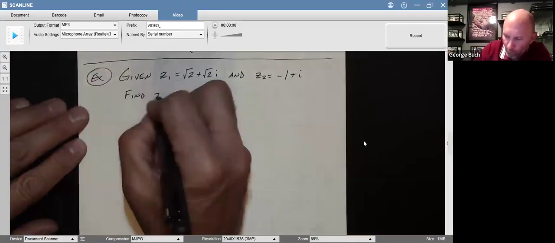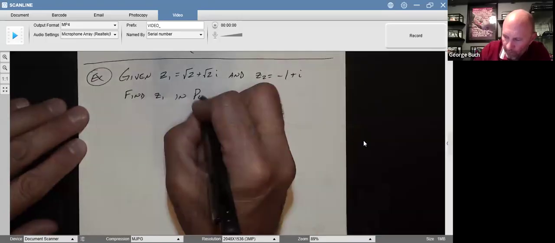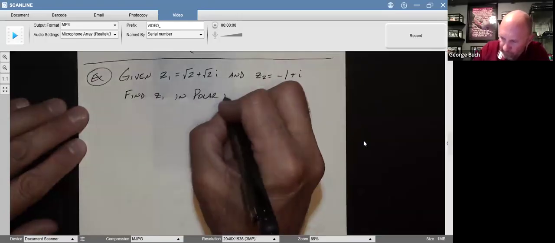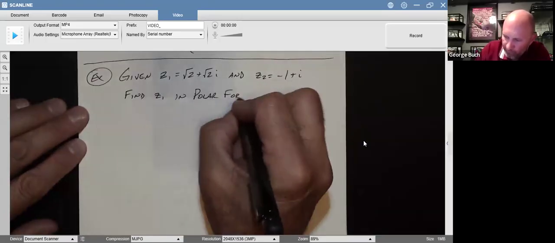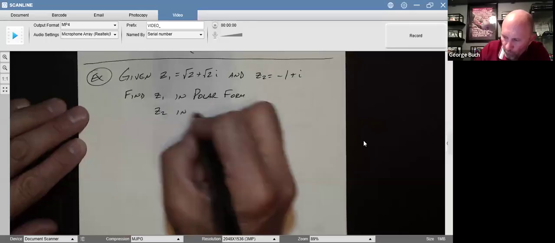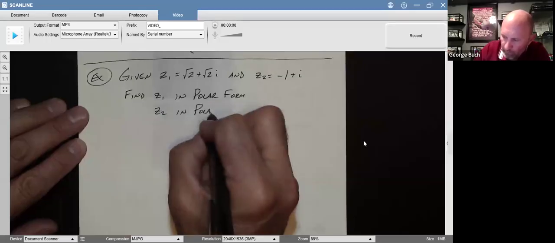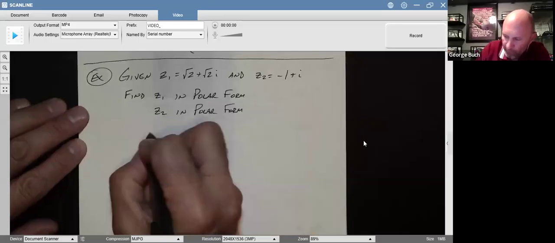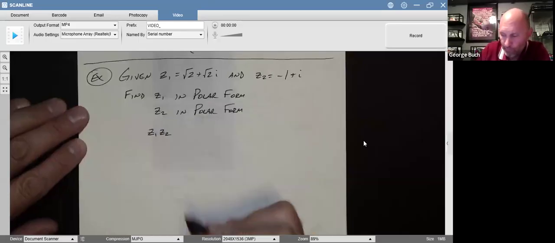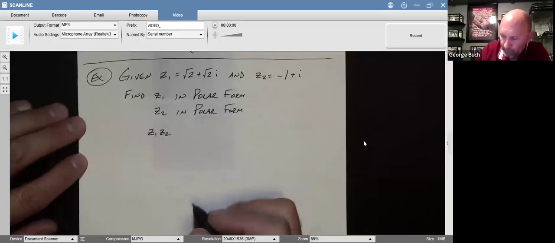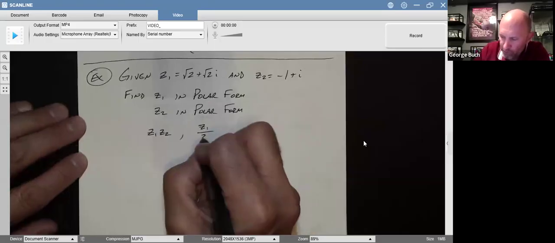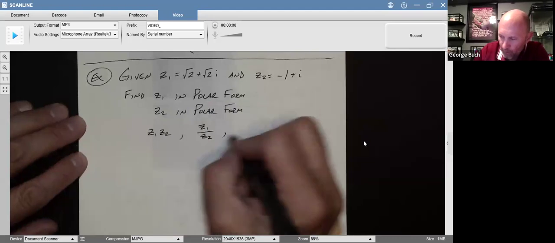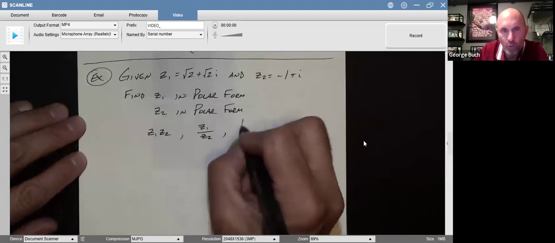Find Z1 in polar form. Z2 in polar form. Find Z1 times Z2. Z1 divided by Z2. And 1 over Z1.